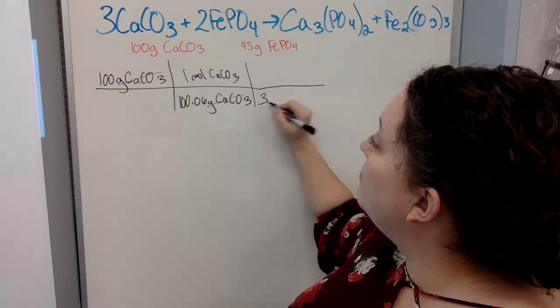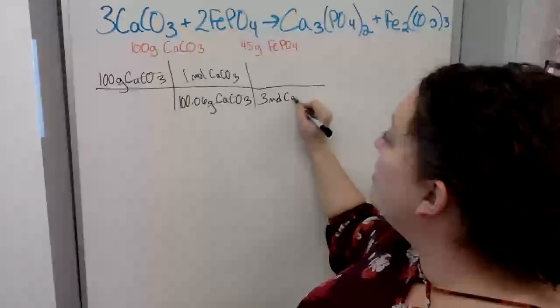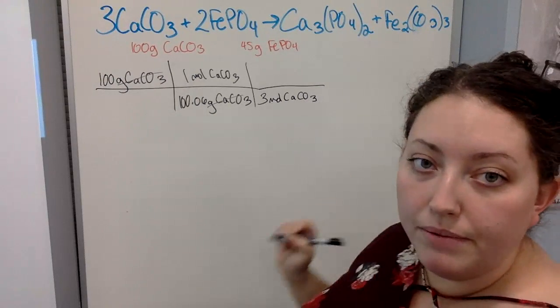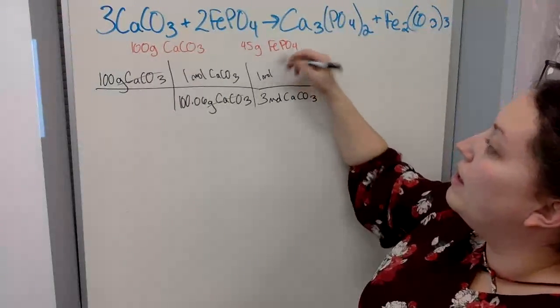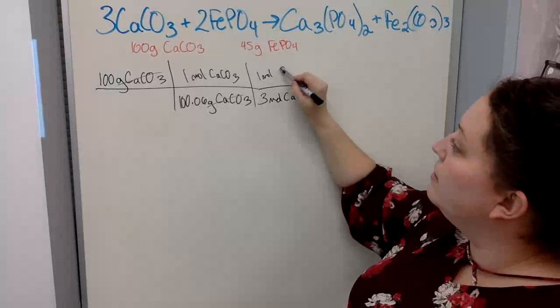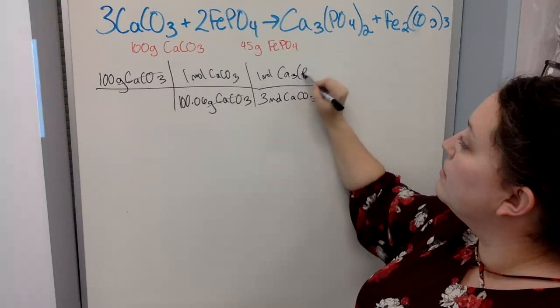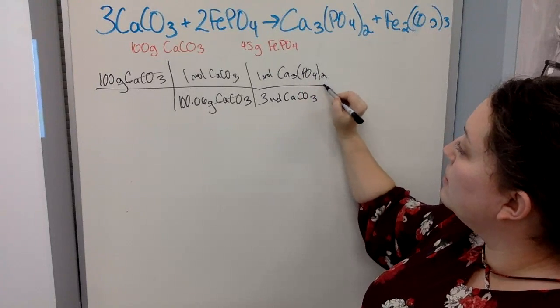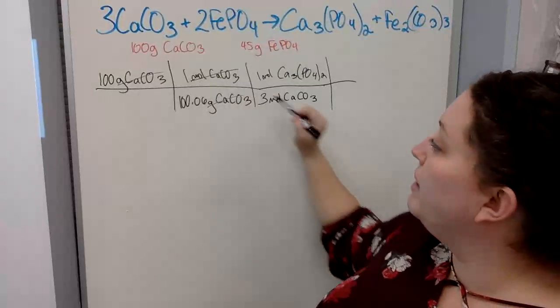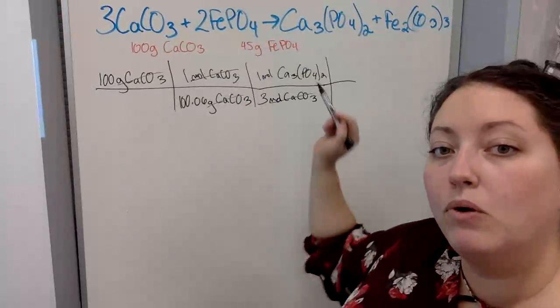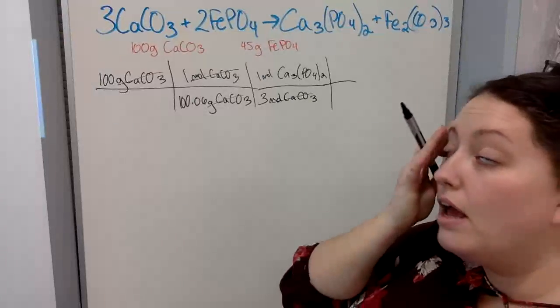So you'll have 3 moles of calcium carbonate, and you're going to set that equal to 1 mole of the product that you've chosen. It's getting a little messy, sorry. So now the moles of calcium carbonate have canceled, and you're in moles of calcium phosphate.